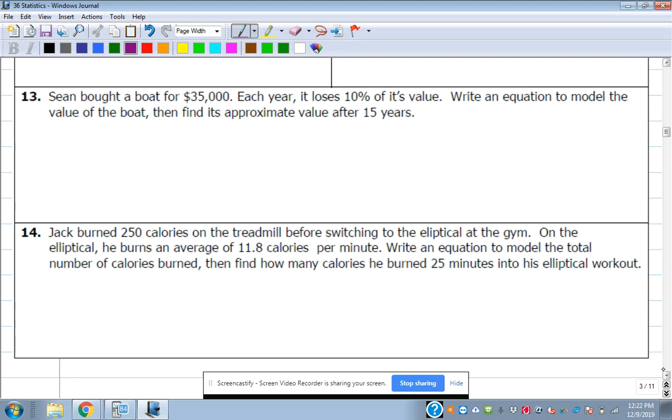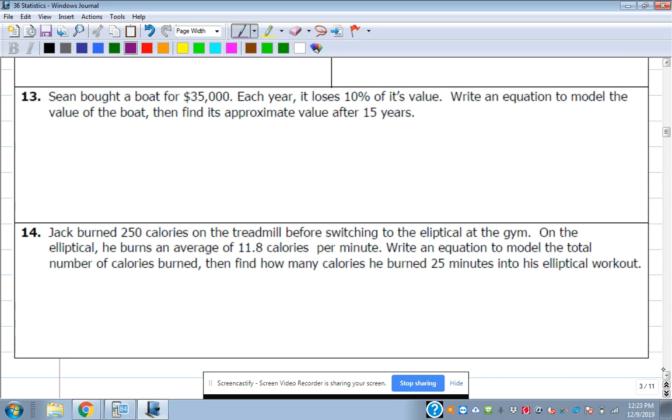Okay, so this, you got to think a little bit on this. Okay, so when we're looking at that value of the boat, we want our formula to be the value of the boat. It's losing 10% of its value each year. So the first year, it's going to lose 10% of what number? 35,000. The second year, is it going to lose the same amount?